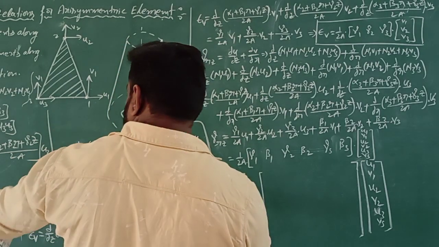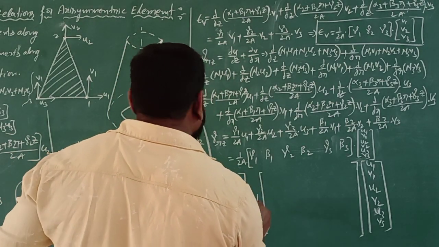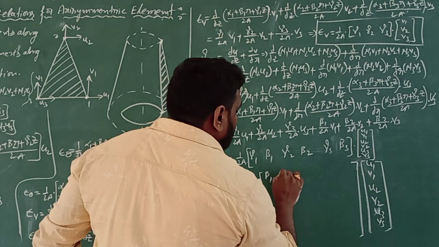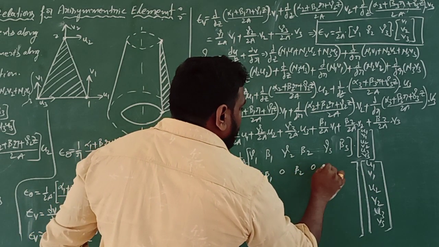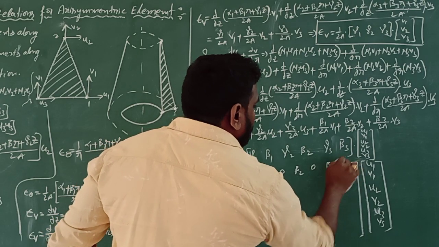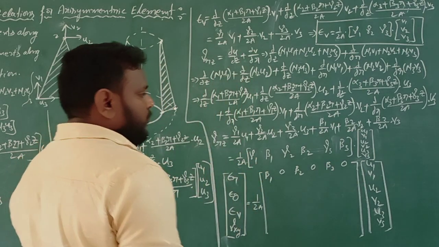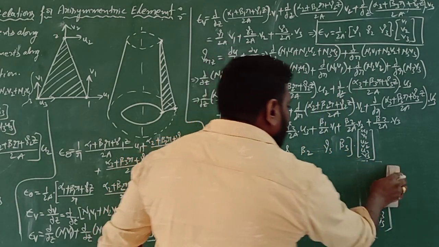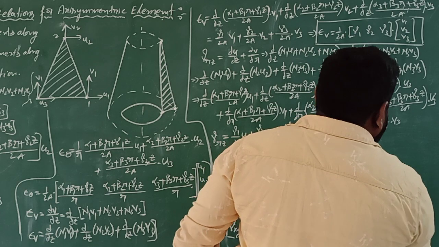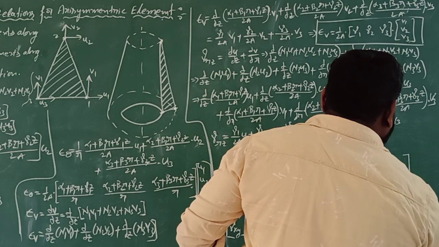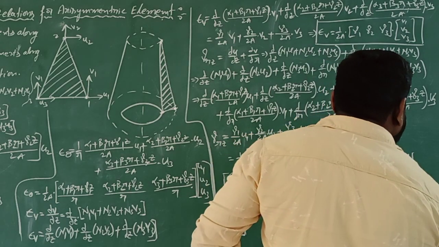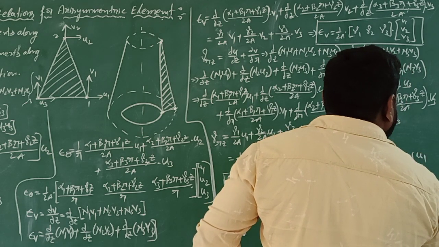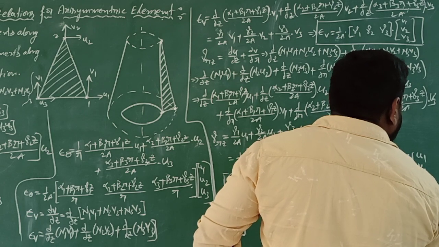Epsilon r means beta 1, beta 2, beta 3, with 1 by 2a common, that is u1, u2, u3, that is beta 1, 0, beta 2, 0, beta 3, 0. Length is important, so that's why I'm putting the lengthy equation: u1, v1, u2, v2, u3 and v3.